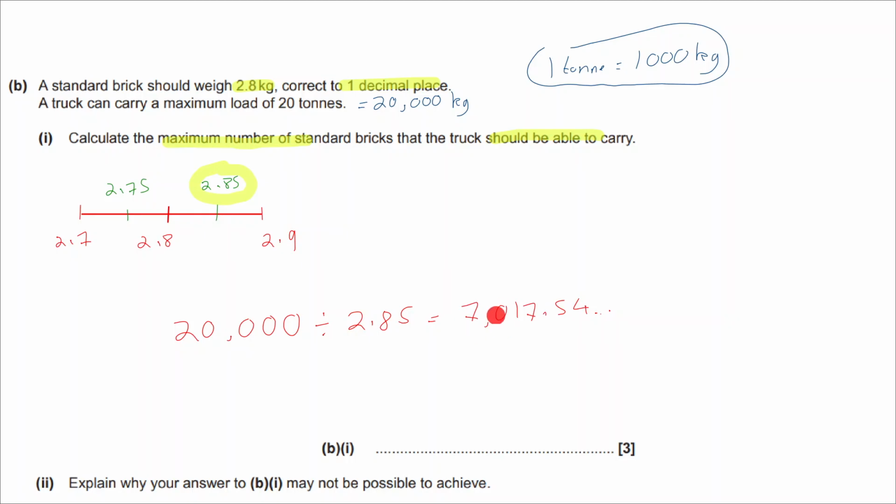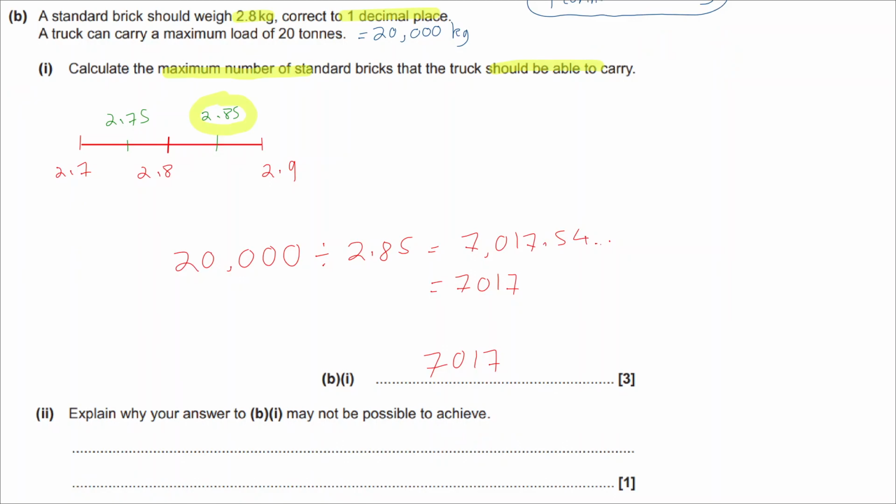Well, it's going to be 7,017 because 7,018 would be over that limit. So 7,017 is going to be your answer, because 7,018 would be too heavy. Now let's check the mark scheme. Yeah, correct. Good.